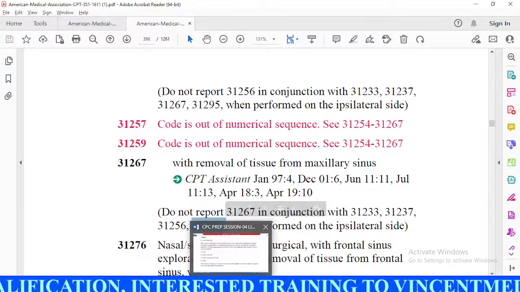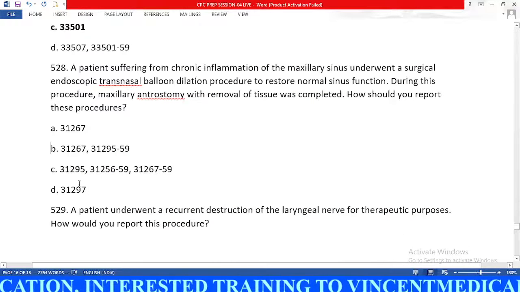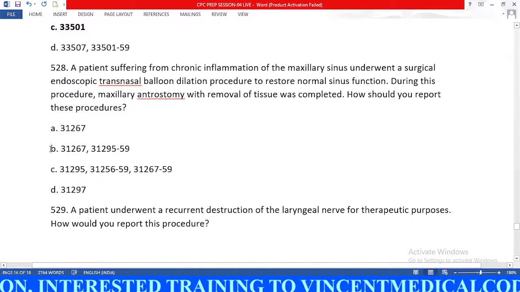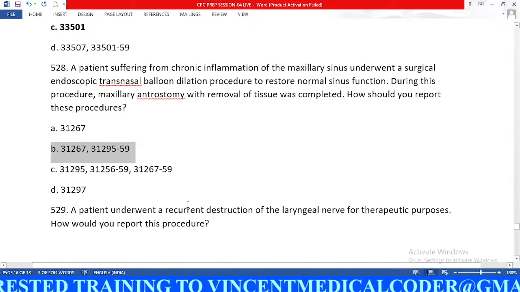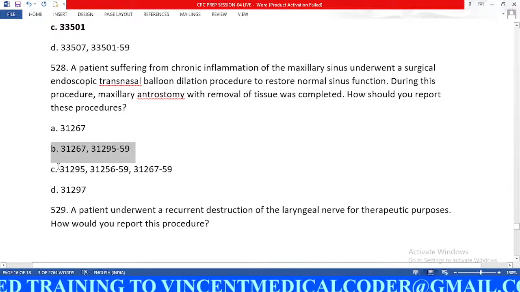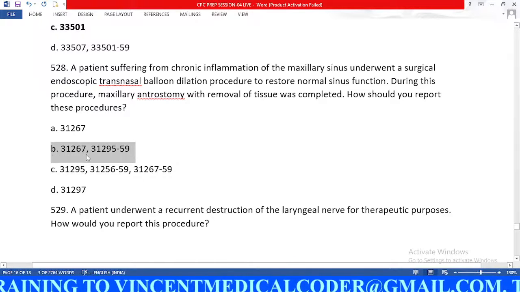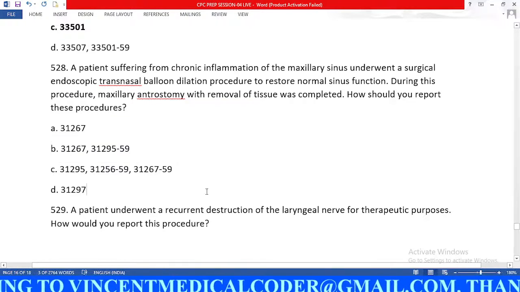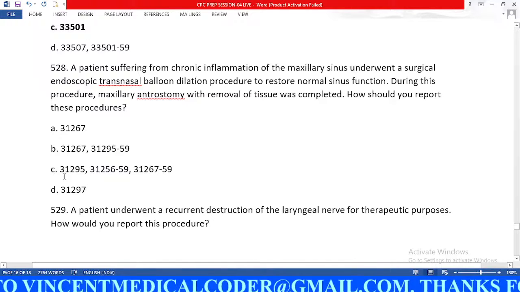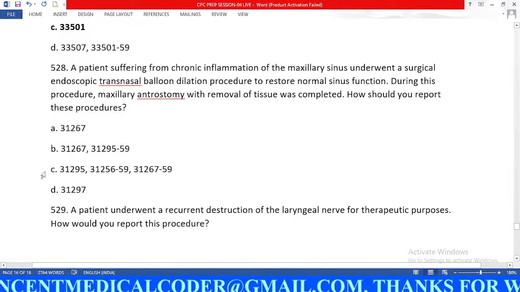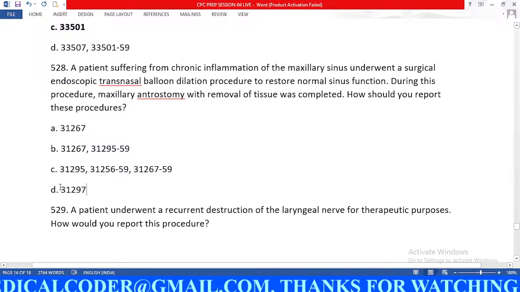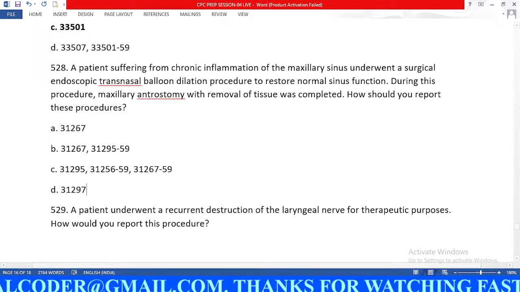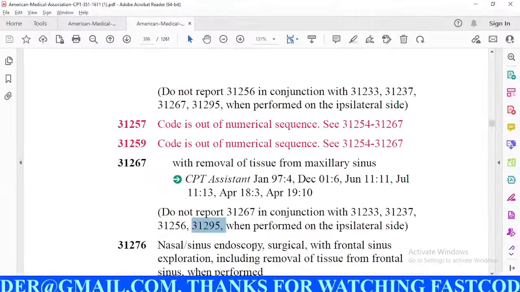Using this guideline, we can't code dilation along with maxillary antrostomy with tissue removal. So directly we can eliminate answer B, 31267, 31295. This also we can eliminate, 31295 and 31267. Here 31297. We can check what 31297 is.